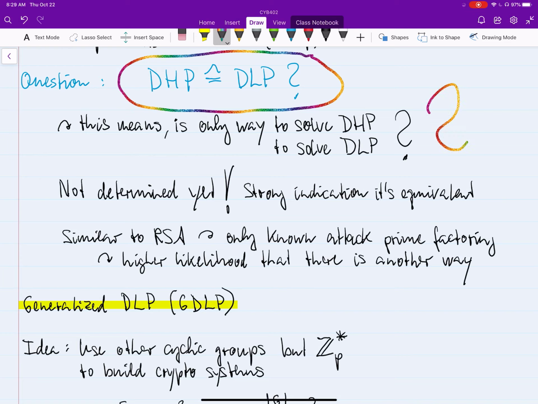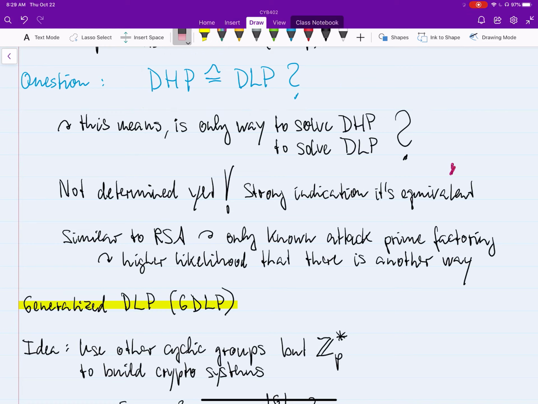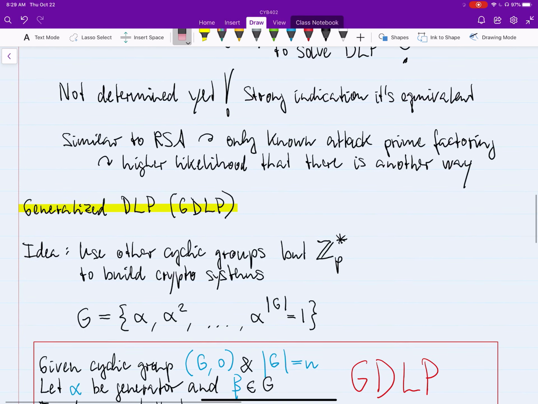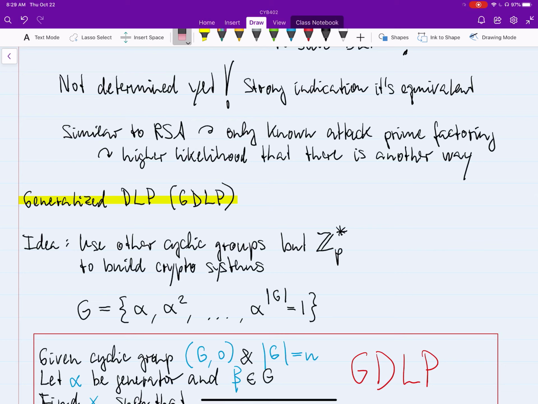And this is a big question mark, and it still is a big question mark. So unfortunately, we can only speculate whether that's the case. It has not been determined yet. But experts see strong indication that these two problems are indeed the same problem.